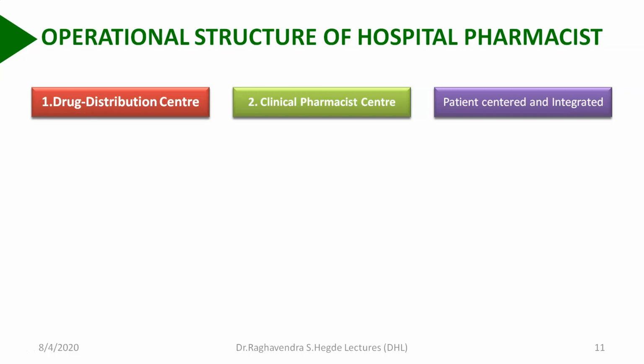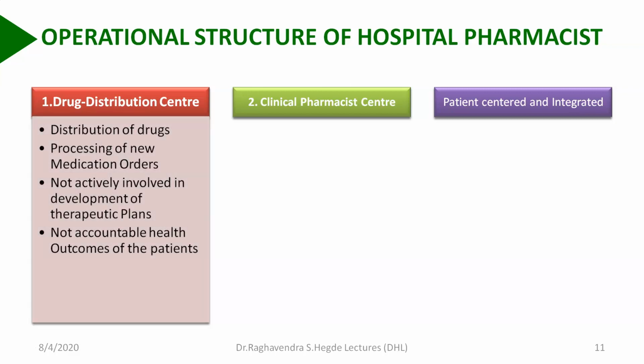Now we shall study and focus on each of these one by one: what happens in drug distribution, what happens in the clinical pharmacist center, and what happens in the patient centered. Coming to the drug distribution center, the pharmacists here are primarily involved in the distribution of drugs and the processing of new medication orders.